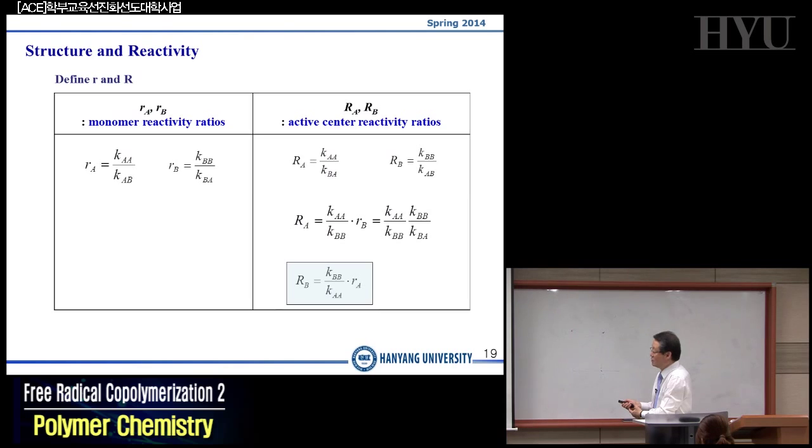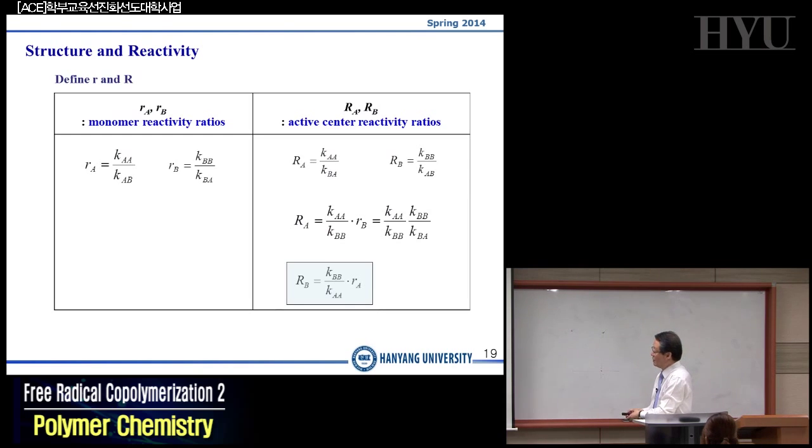But if you multiply both numerator and denominator by KBB, then you can come up with small r_B times KAA over KBB, right?